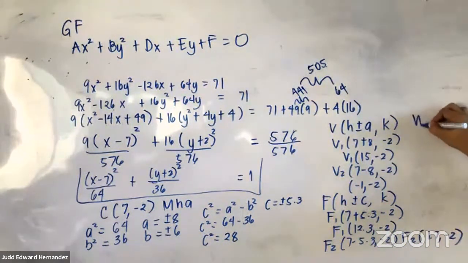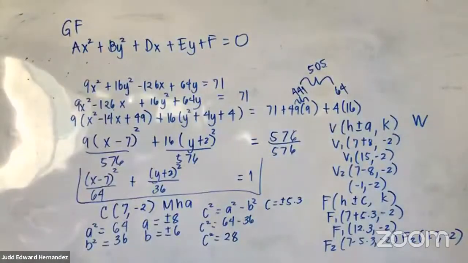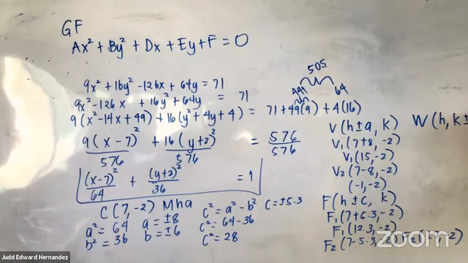For the co-vertices W, that is H, K plus minus B. Therefore, W1 is 7, our K is negative 2, plus, what is our B? 6. Therefore, W1 is 7, negative 2 plus 6, that becomes 4.